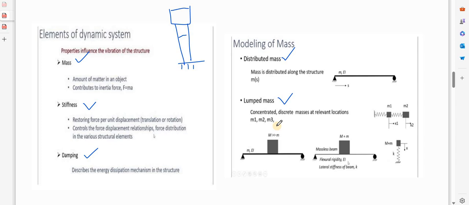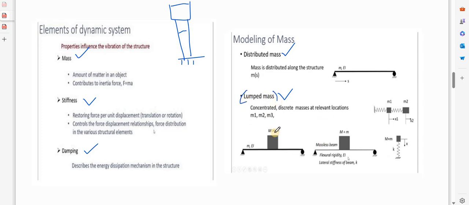Our discussion will be mainly on lumped mass, because distributed mass is very difficult, as the mass itself will be varying with respect to distance. That is difficult to model. So in most dynamic analysis we use the concept of lumped mass.